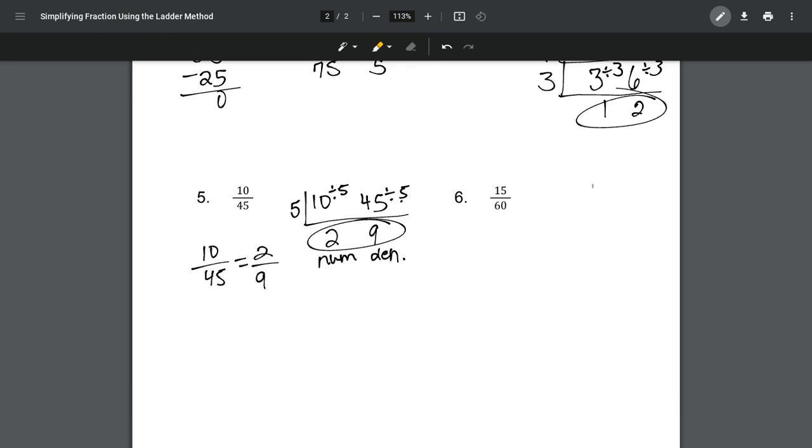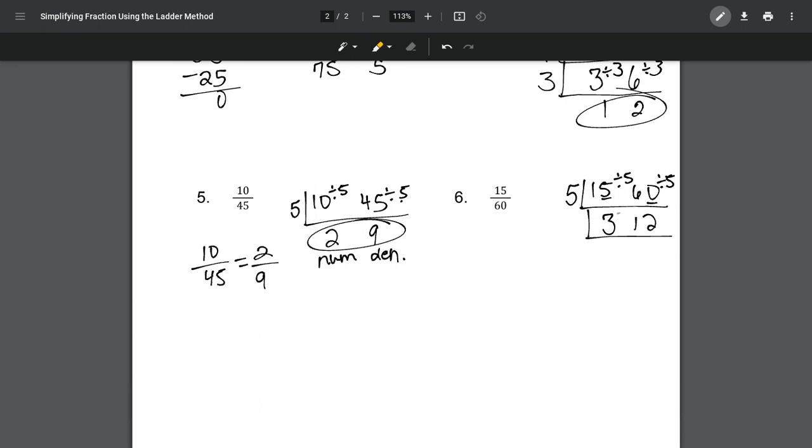Okay, let's take a look at 15 and 60. This ends in a 5, that ends in a 0. They're both divisible by 5. Okay? So 15 divided by 5 is 3. And 60 divided by 5 is 12.